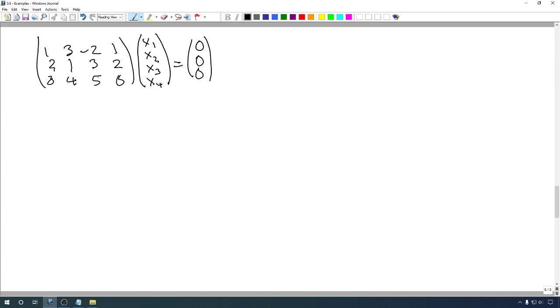Of course, doing Gaussian elimination won't change the solution set for this linear system. And because we have all zeros here, it won't change this vector either. So all the Gaussian elimination that we did is still valid here. So we're just going to now write down the matrix U. So we have 1, 3, negative 2, 1.